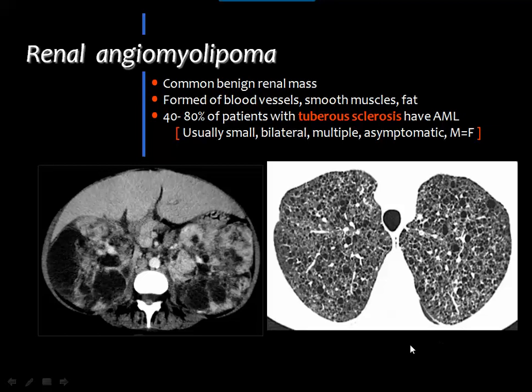And if you remember the chest lectures, I have mentioned the cystic disease in the lung, with numerous small cysts, as well as in cases of lymphangiomyomatosis. Then in tuberous sclerosis, you see cystic changes in the lungs, as well as angiomyolipoma in the kidney, which may be bilateral and huge, as you can see here on both sides.